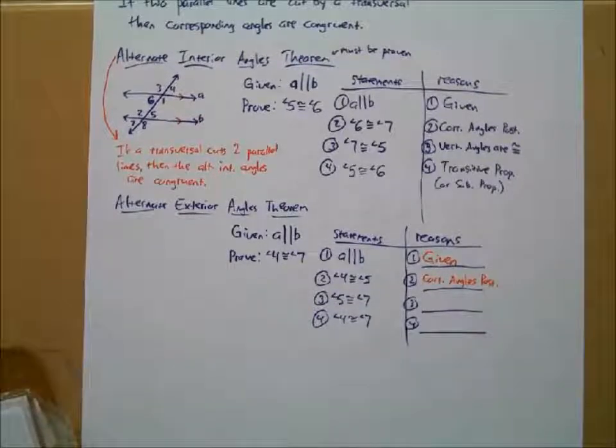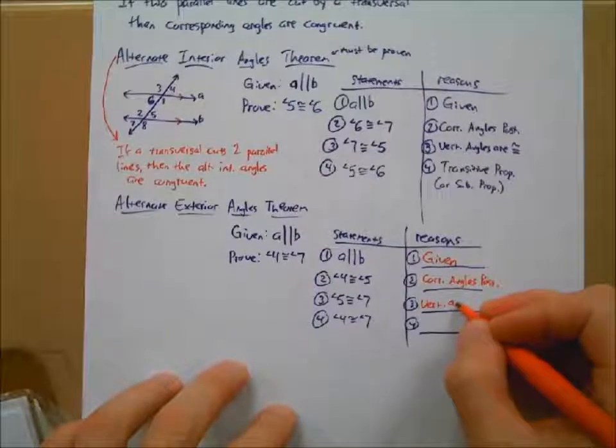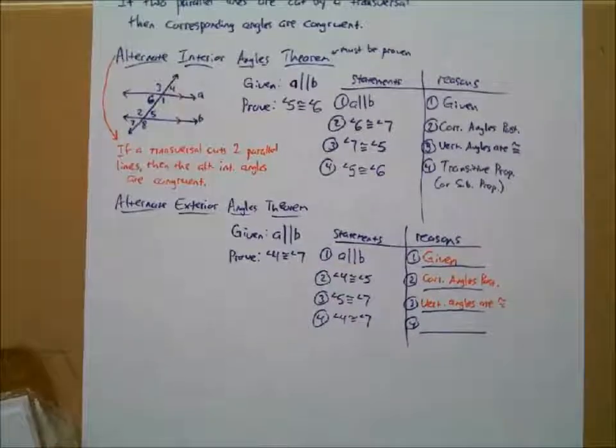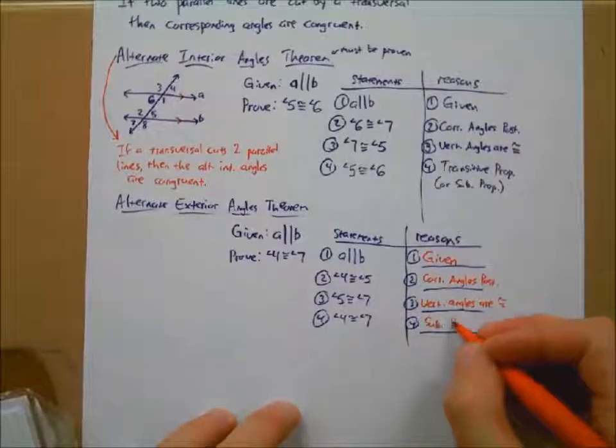Well done. How about Jenny? What do you say for 5 and 7? Very good, Jenny. Exactly right. And then last one, let's go to Jackson. Substitution. Yep, substitution property or transitive property there would be fine.